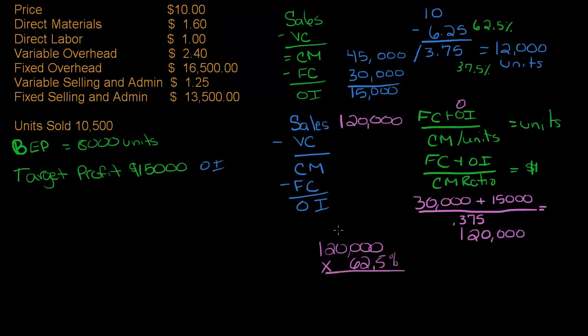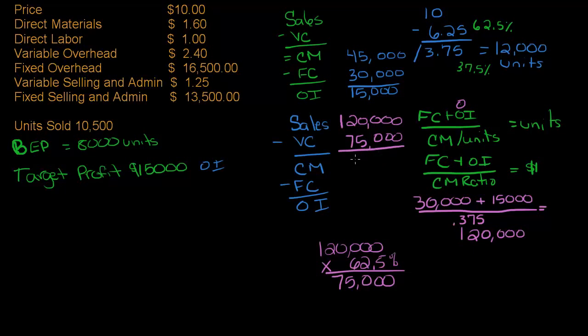What does that give me? That gives me 75,000. Okay, which is the same thing you would get if you took 12,000 units times 6.25, you would get 75,000. What I'm trying to do though is I'm trying to get you to think in different terms, okay? So you can use the variable cost ratio and the contribution margin ratio whenever you need to.